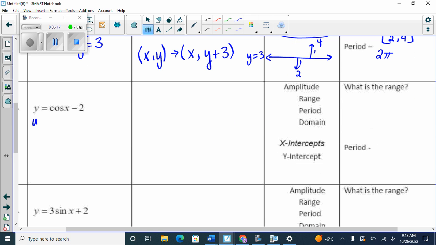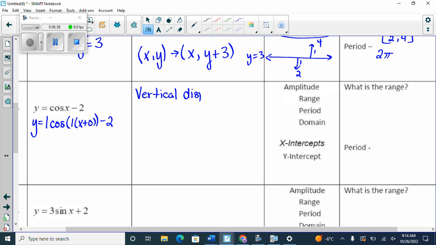So here we have y equals 1 cos 1 x plus 0 minus 2. So the only thing I have is a vertical displacement. What's the horizontal called again? Do you remember? Horizontal phase shift, yeah.